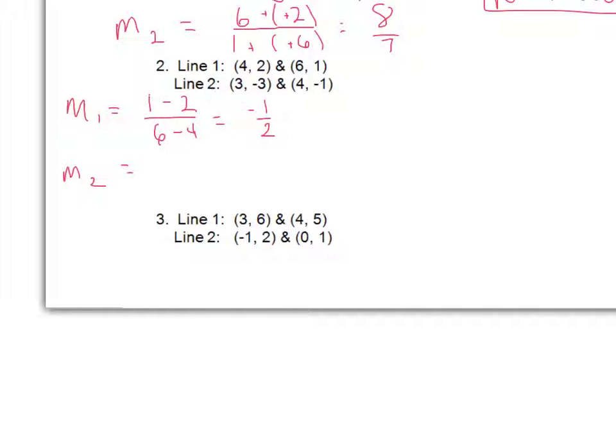Okay, now I'm just going to do the same thing with the second line: -1 minus -3 all over 4 minus 3. So up top that turns to plus positive. Negative 1 plus 3 is positive 2, over 4 minus 3 is 1.